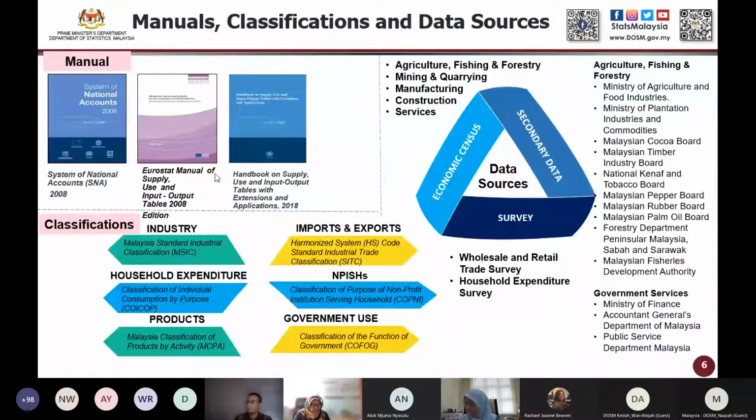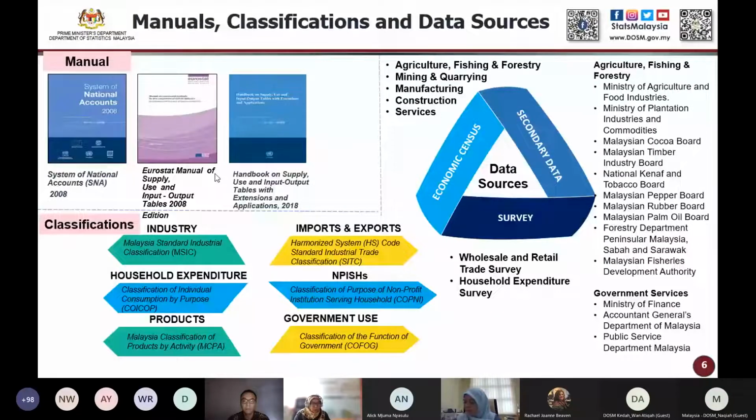Household expenditure is based on the Classification of Individual Consumption by Purpose COICOP. Import and export are based on the Harmonized System HS and the Standard International Trade Classification SITC. For NPISH, the code is based on the classification of purpose of non-profit institutions serving households, and for government we use the Classification of the Functions of Government COFOG.